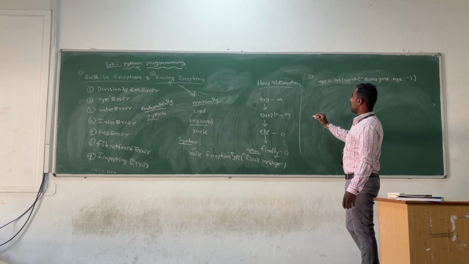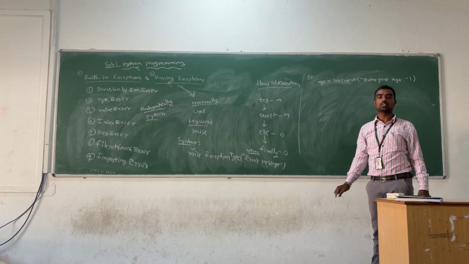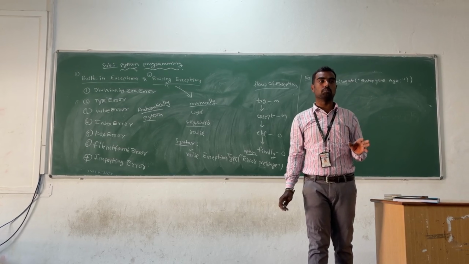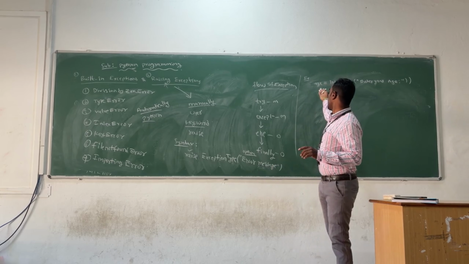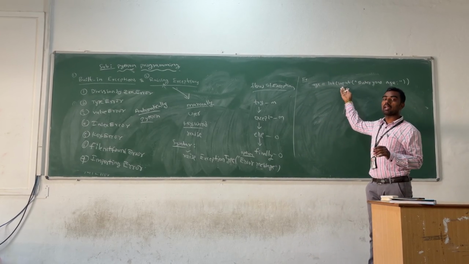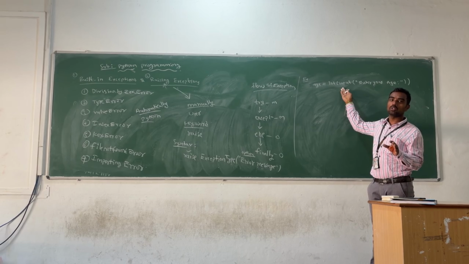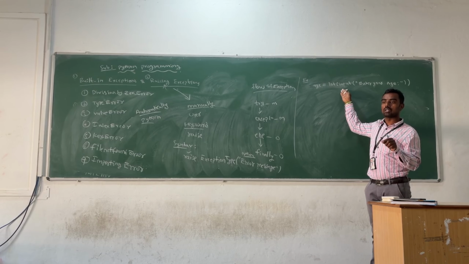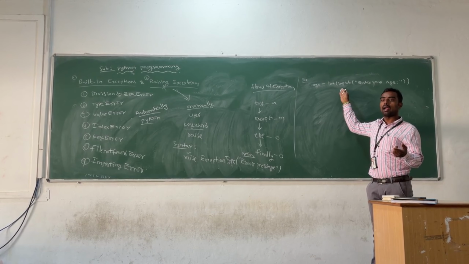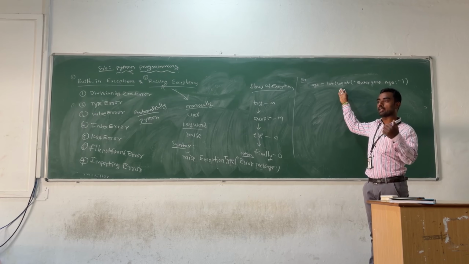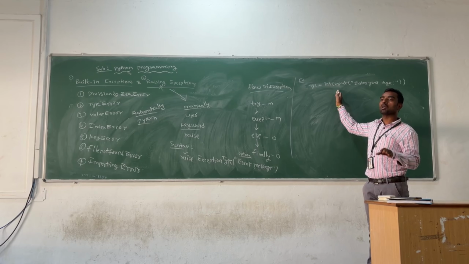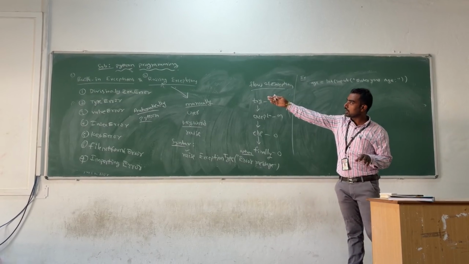Then I am writing one condition. My condition eliminates the negative numbers. The age variable may accept positive values and negative values. In the case of negative values, I should generate the error. So to ignore negative numbers, I should use a raising exception.